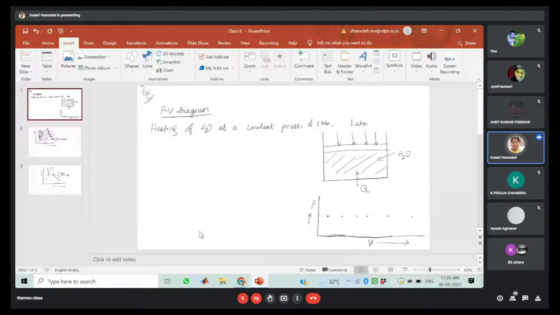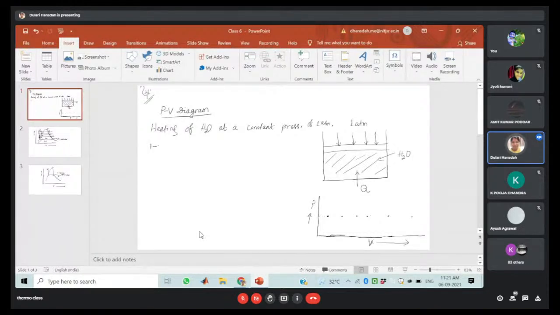In that case, there will be a temperature change, and that one also we will trace in this PV plot in the coordinate system. First I will discuss the temperature increase and the change of condition of the pure substance.